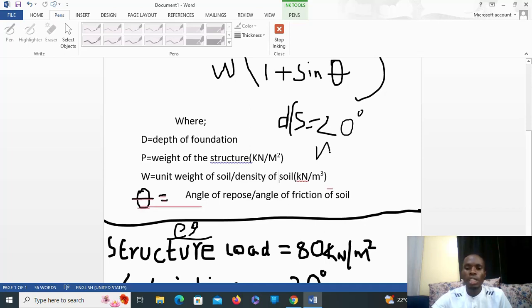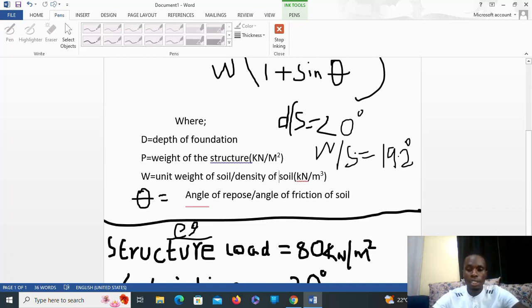And for the wet soil, you'll be given something like 19.2 degrees. So these are what you work with.